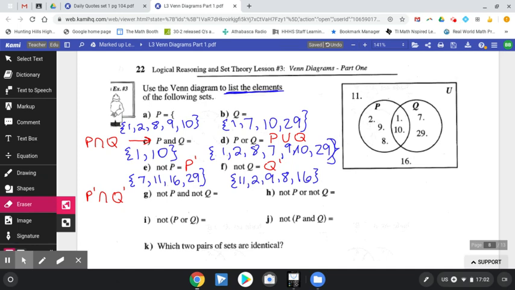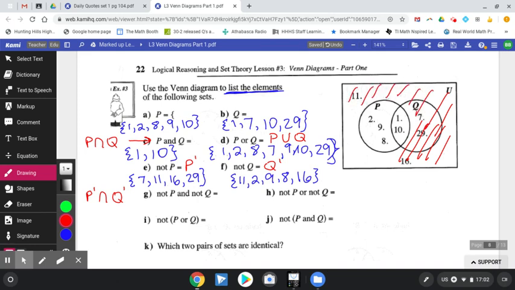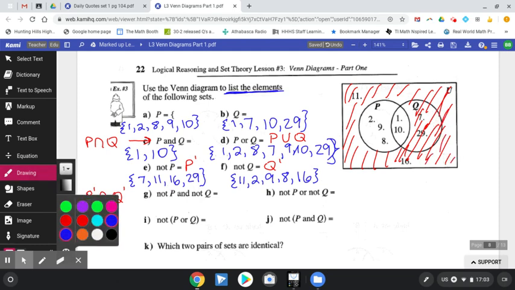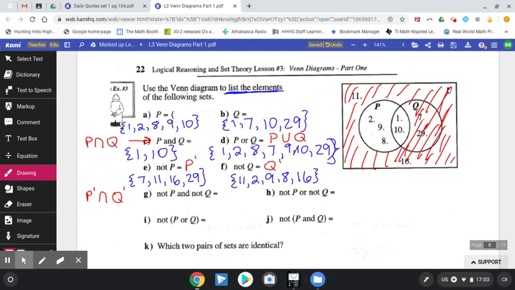I could shade in not P, and I could shade in the not Q. And remember, for intersection, we would only be keeping the overlapping region. And that's where we would look to get our answer.